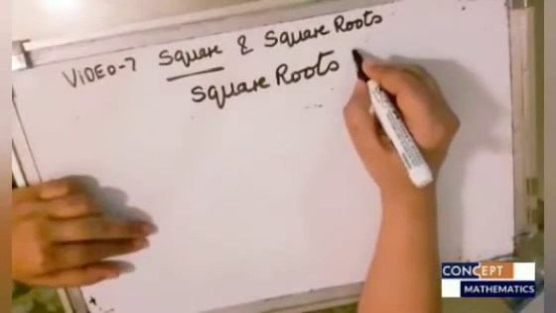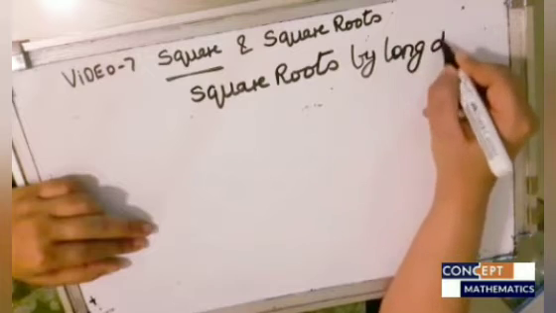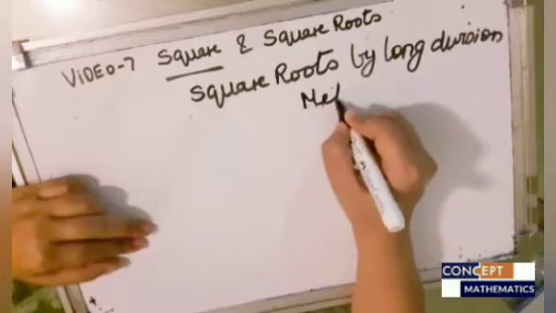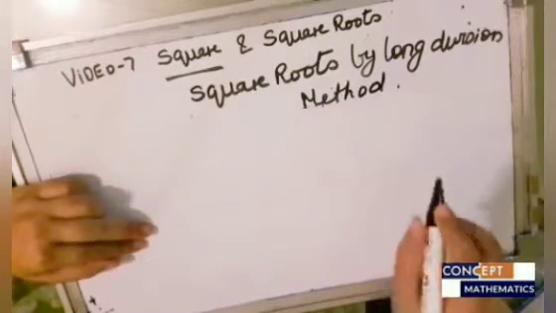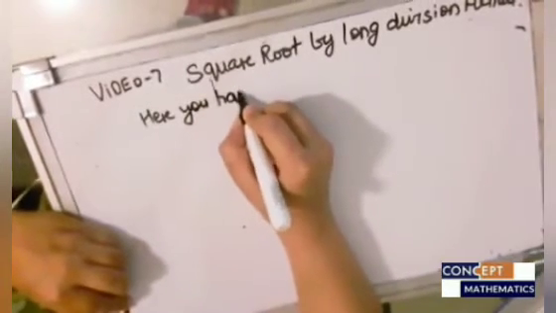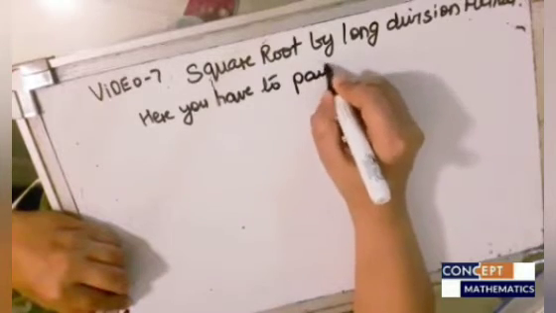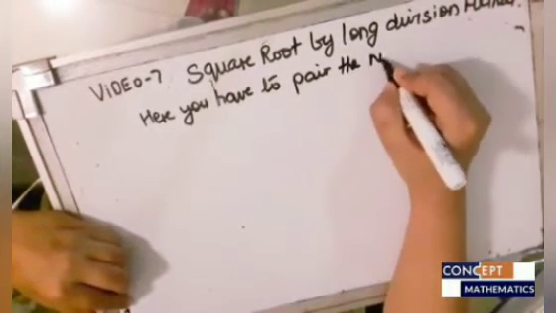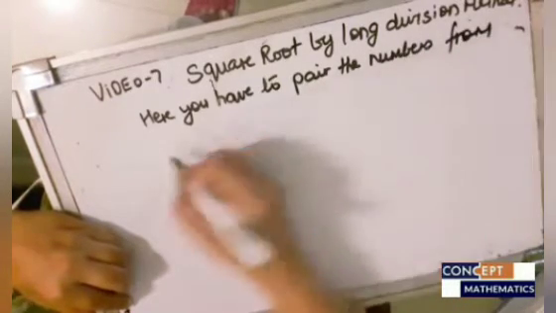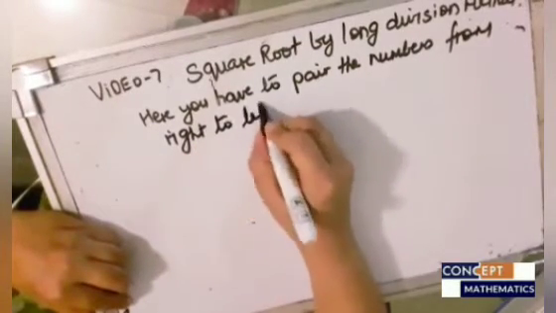So, square roots by long division method. Here you have to pair the numbers from right to left.